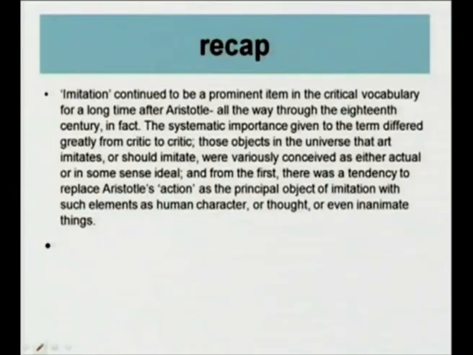In fact, the systematic importance given to the term differed greatly from critic to critic. Those objects in the universe that art imitates or should imitate were variously conceived as either actual or in some sense ideal, and from the first there was a tendency to replace Aristotle's action as the principal object of imitation with such elements as human character or thought or even inanimate things.